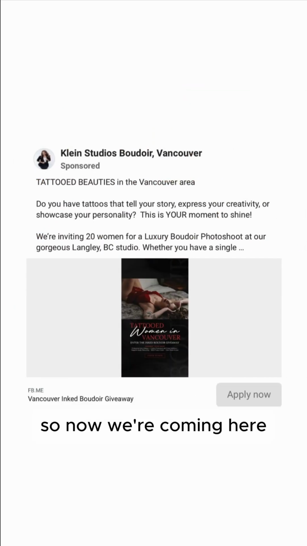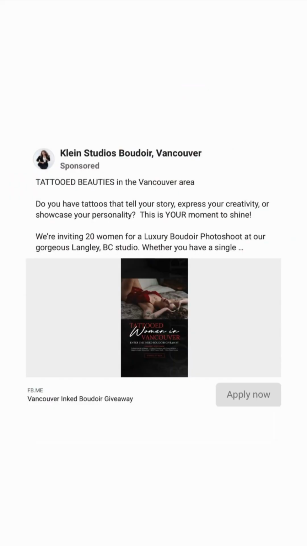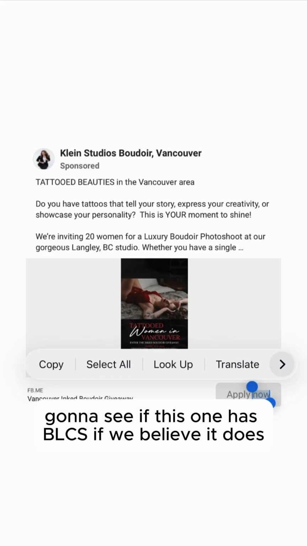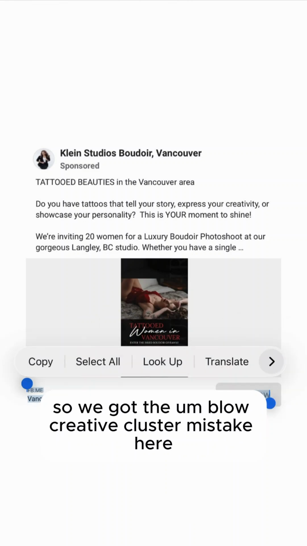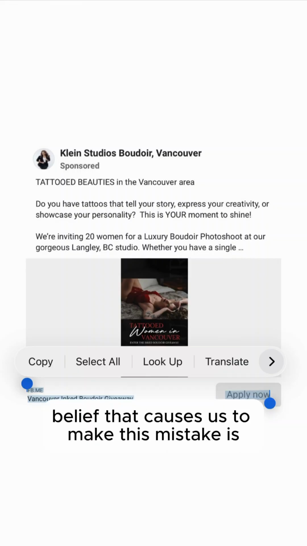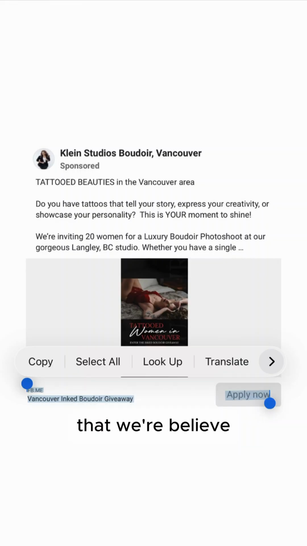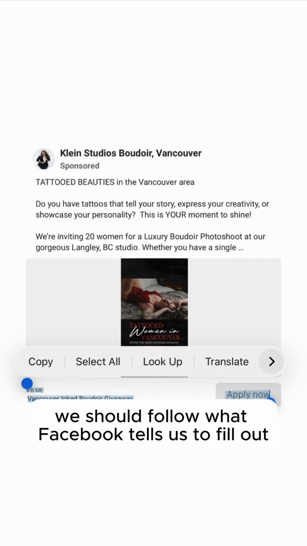So now we're coming here. Gonna see if this one has BLCS or if we believe it does. So we got the below creative cluster mistake here. The false belief that caused us to make this mistake is that we should trust and follow what Facebook tells us to fill out.